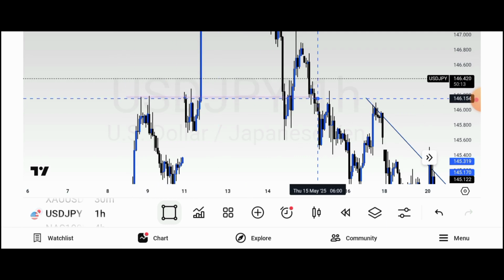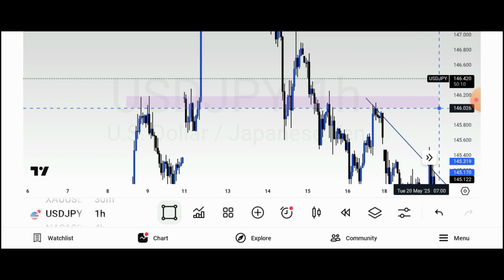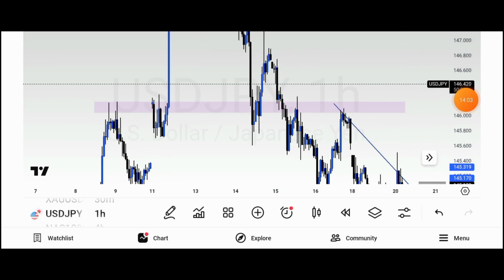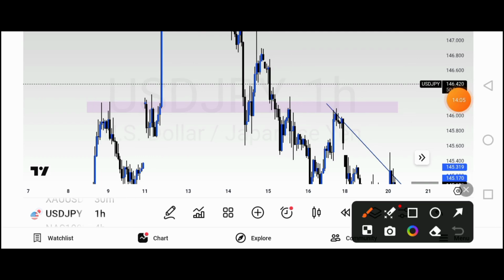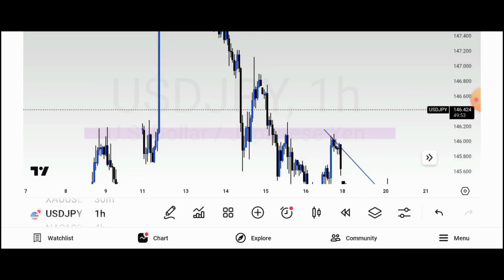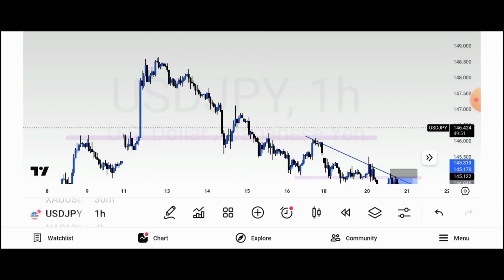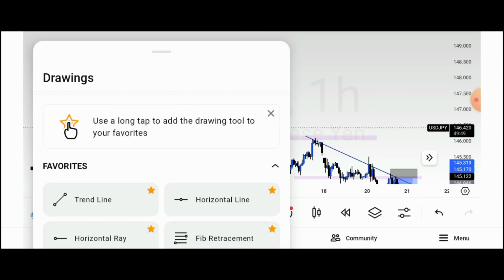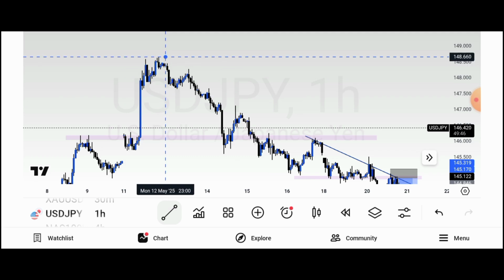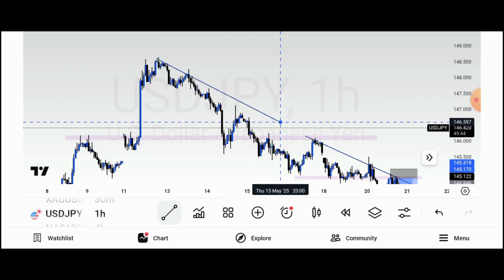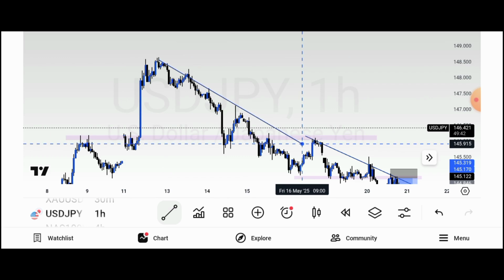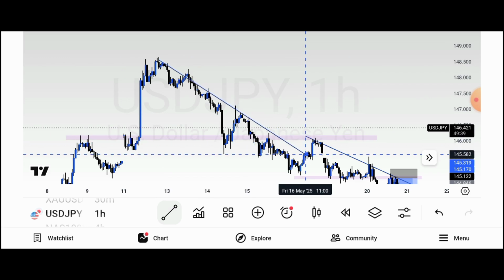You can see this zone has been respected for a while. The market respected it here, it played here, and actually respected it here. You see that? So when the market is in confluence with other patterns, if you're using others, you could try to align with other patterns there.